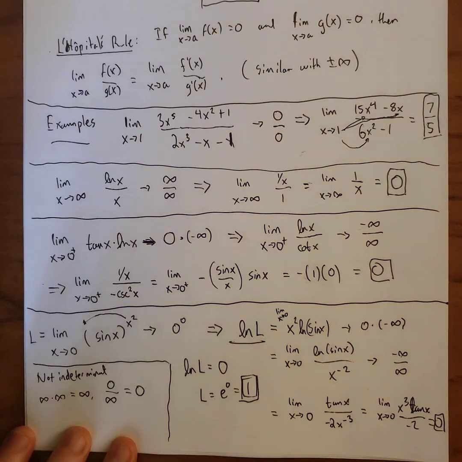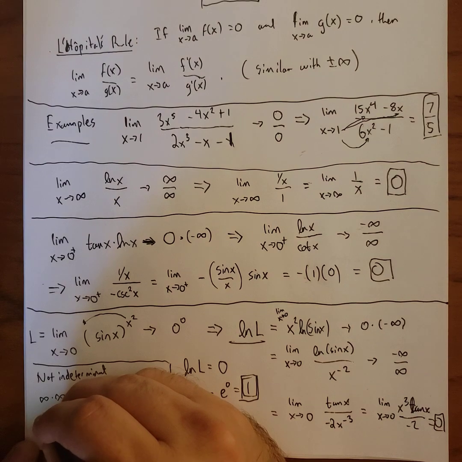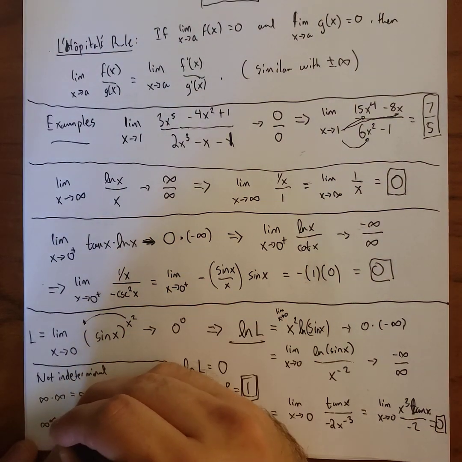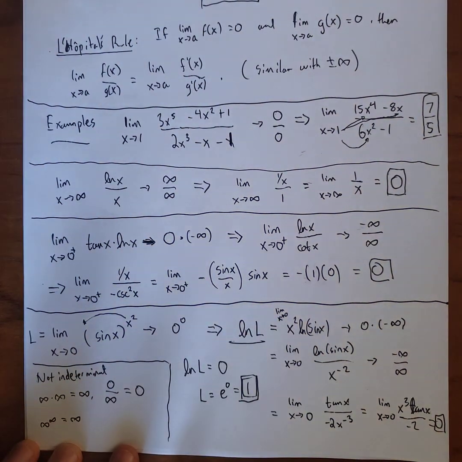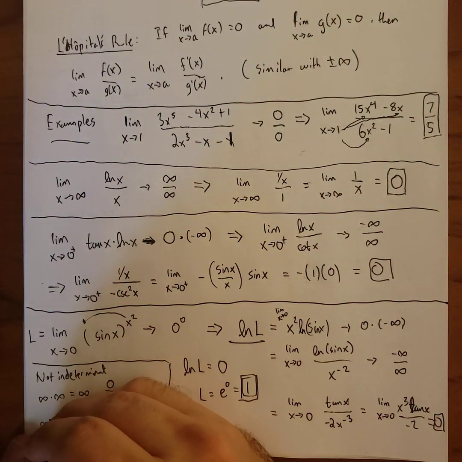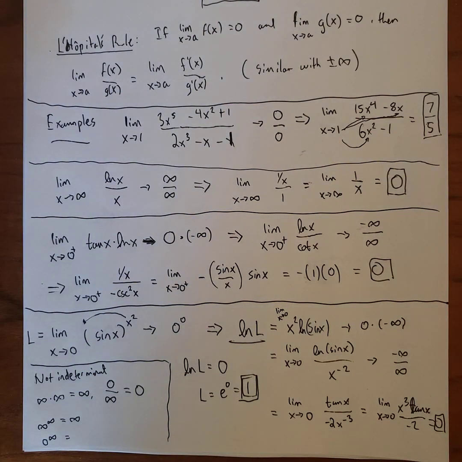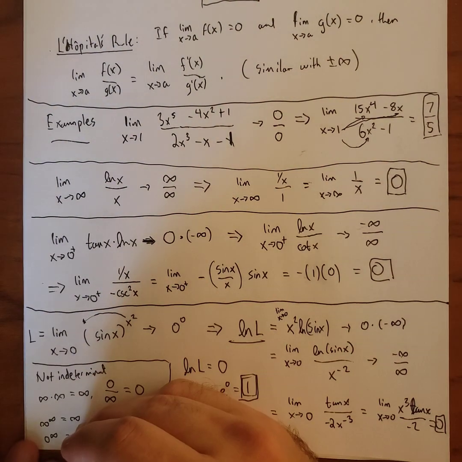So that's just 0. For powers, if you had infinity raised to infinity, almost the same reason, that would just be infinity. 0 to the infinity, I'll put that here. That's like taking 0 and multiplying it by itself a bunch of times, so that's just 0.